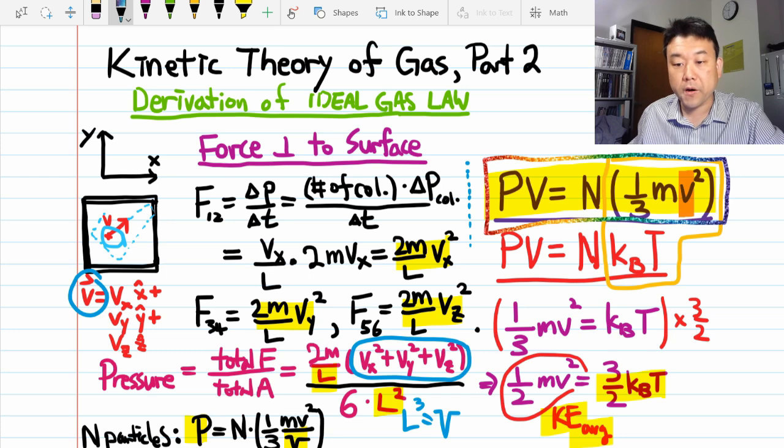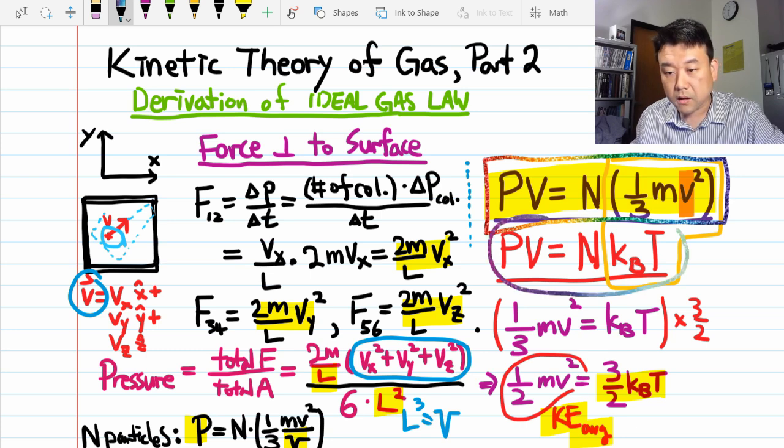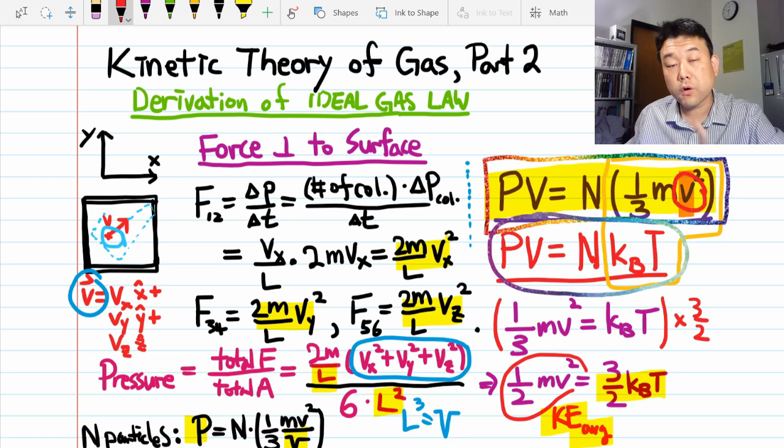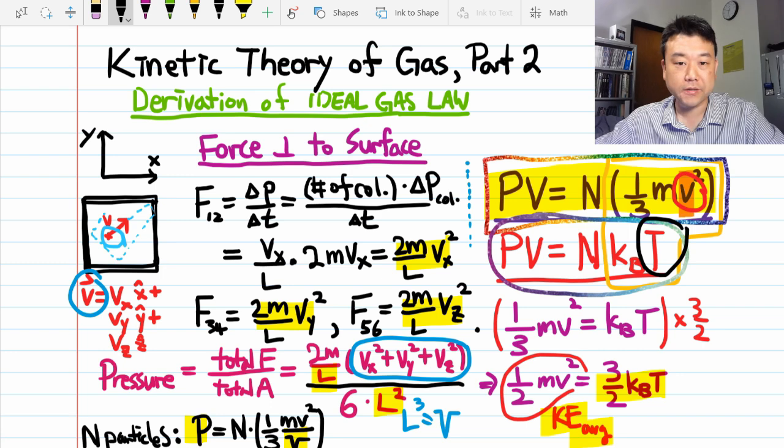But on comparing it to the experimental ideal gas law, we extracted some information that we didn't know going in: that we have a way to get at this microscopic quantity, or more specifically, the microscopic kinetic energy of gas particles. And it is directly related to the macroscopic quantity, temperature. So this is pretty cool. Let me show you just one more thing.